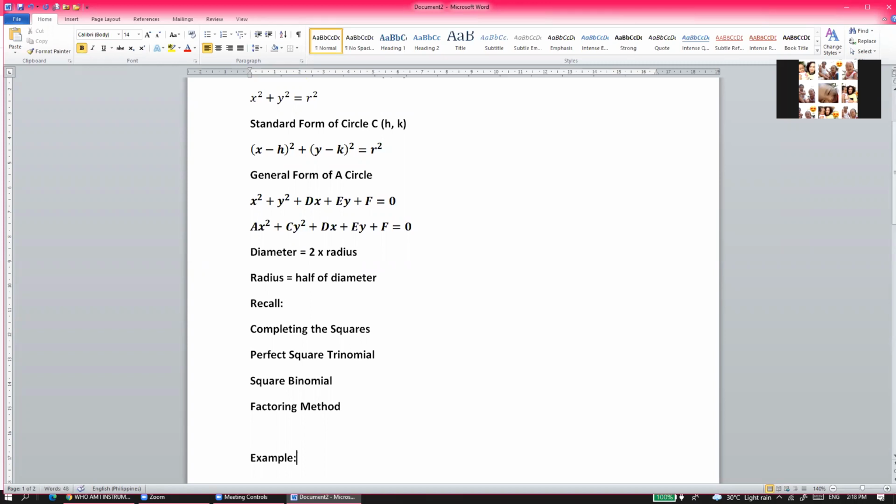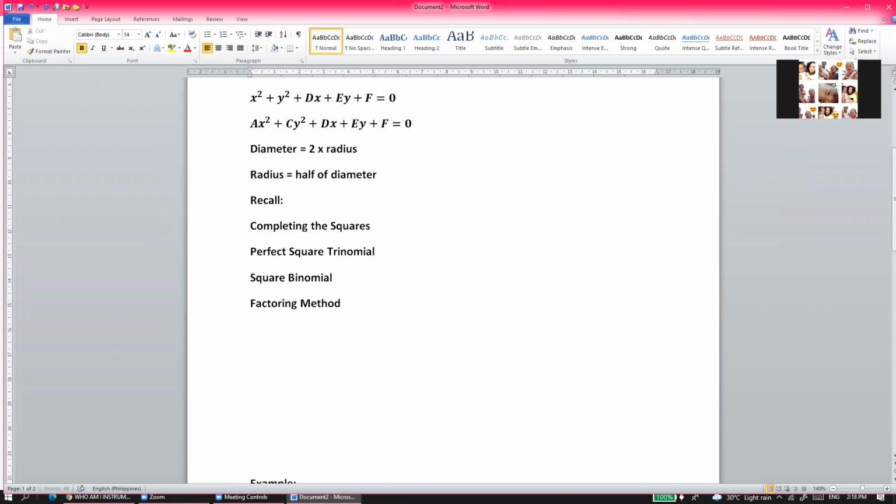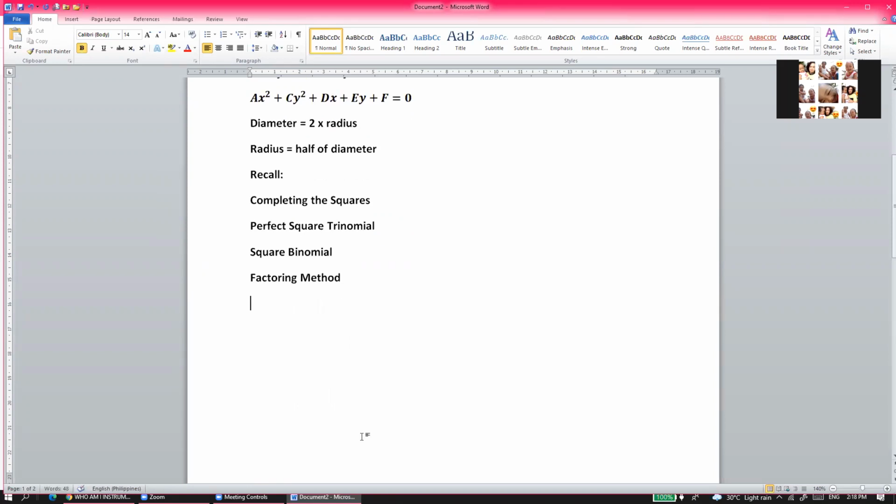Sa unang halimbawa ng circle na aking ipapaliwanag sa inyo, magbibigay ako ng given. Kunwari, ito yung given natin.